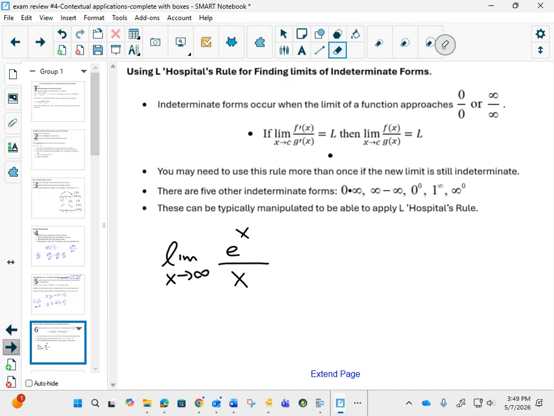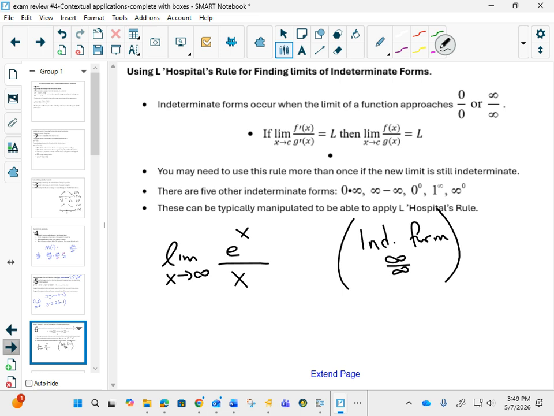Because this limit is equal to something. Maybe it's infinity, maybe it's a number. But you can write in brackets, indefinite form, infinity over infinity. So you can write it, but you have to put it in brackets, as long as you don't write the equal sign.